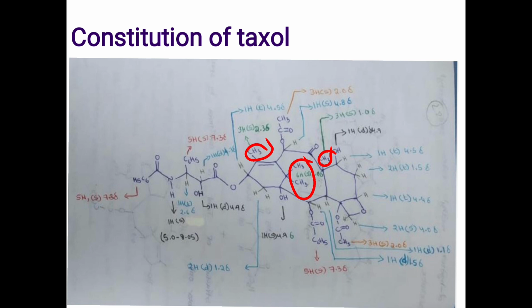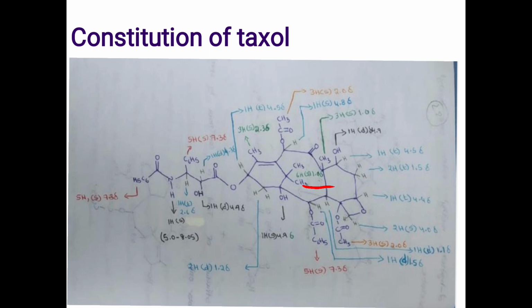The methyl group attached to the vinyl carbon shows a singlet at 2.3 delta, the protons attached to the carbonyl carbon show a singlet at 2 delta, a methyl group shows a singlet at 1.0 delta, and the 6 protons of these 2 methyl groups show a singlet at 0.1 to 1 delta.